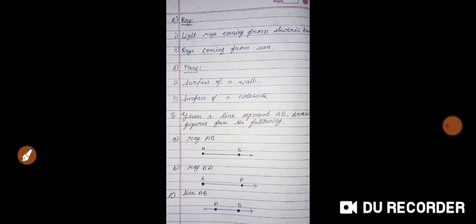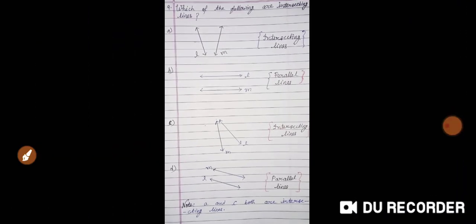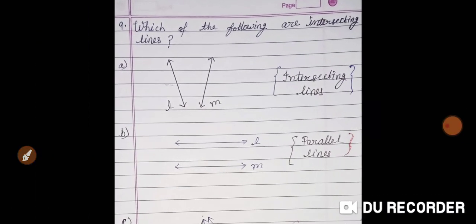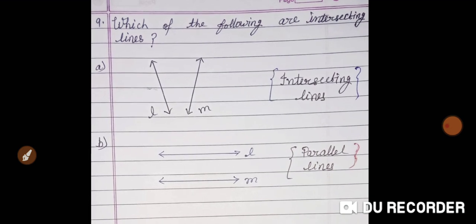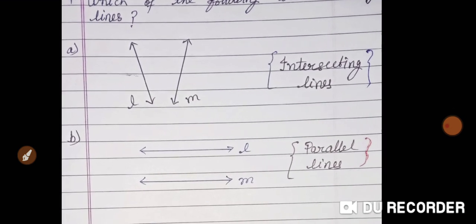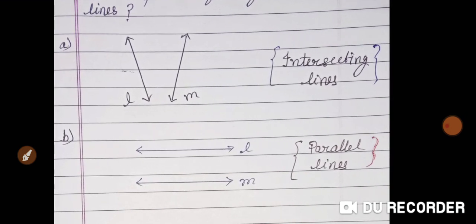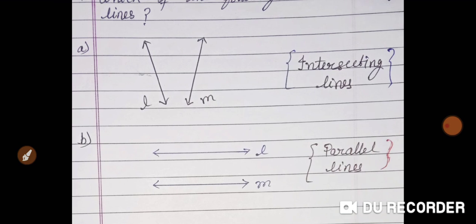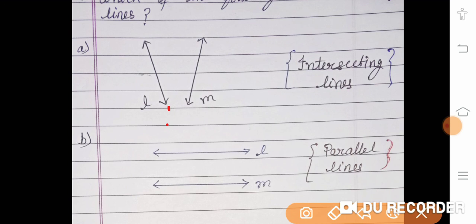Okay students. Now question number 9 and last. Which of the following are intersecting lines? You may see here A is an intersecting line, because it is not a parallel line, so it will cut at a given point. How will it cut, my dear? At one point it will cut.